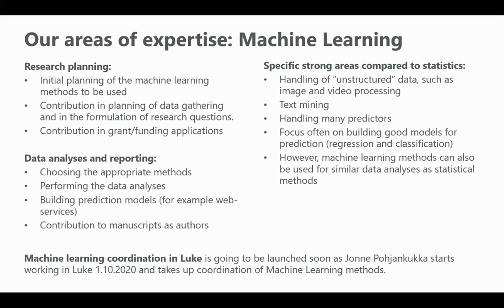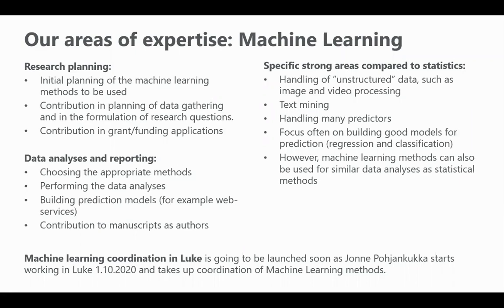And I have also brought out, because we've had this discussion in Luke about how machine learning and statistics compare, a little bit of a list of what are the specifically strong areas, in my opinion, for machine learning if you compare to statistics, and one is this handling of unstructured data.